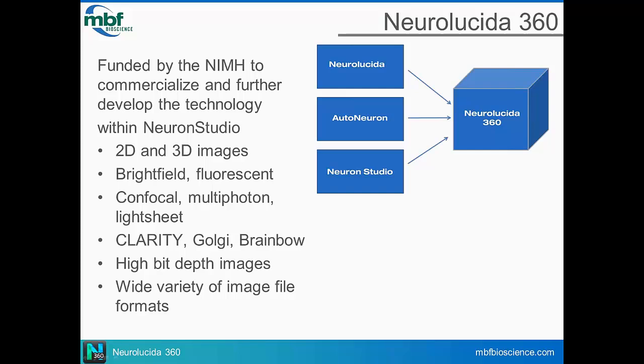So Neurolucida 360 is the result of all of this hard work. It's a grant that is still ongoing, so we've got lots of work that we're continuing to do.